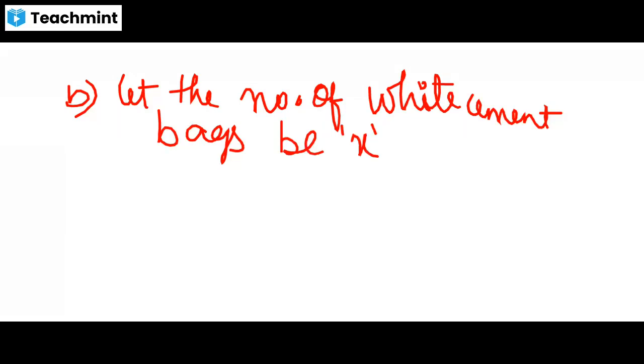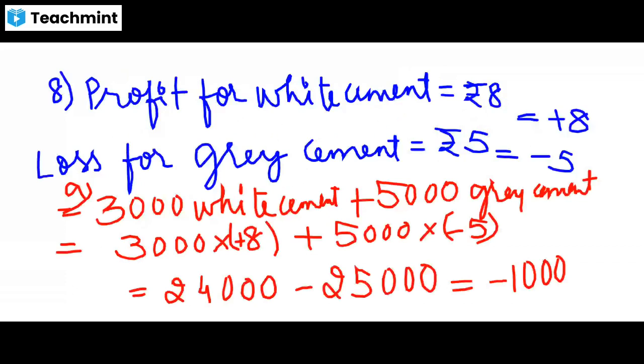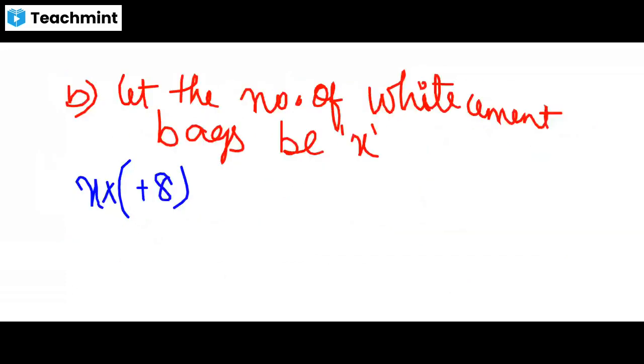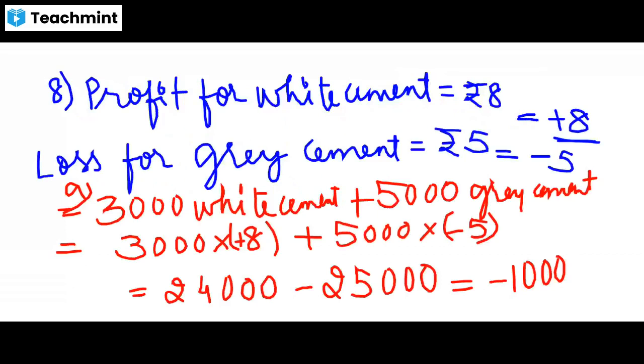Now what is given for us? If he is selling X bags, what is the profit he is getting there? 8 rupees, plus 8. And if he is selling 6,400 bags of grey cement, what is the loss he is getting? Minus 5.